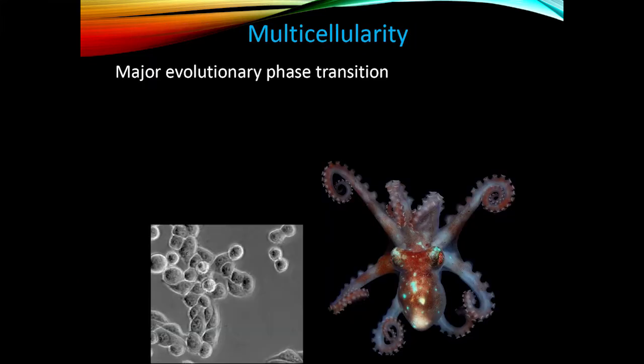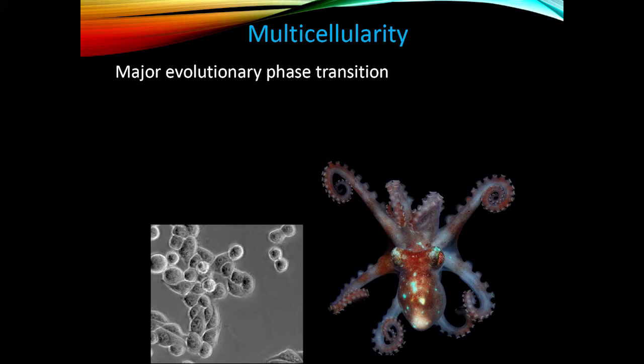So what we're considering here is this notion of multicellularity, and this is a major evolutionary phase transition which has happened multiple times independently in both the plant and animal lineages. So over the course of evolution, multiple independent events have led to cells, after they've divided, rather than continuing to exist as independent cells, keeping together.